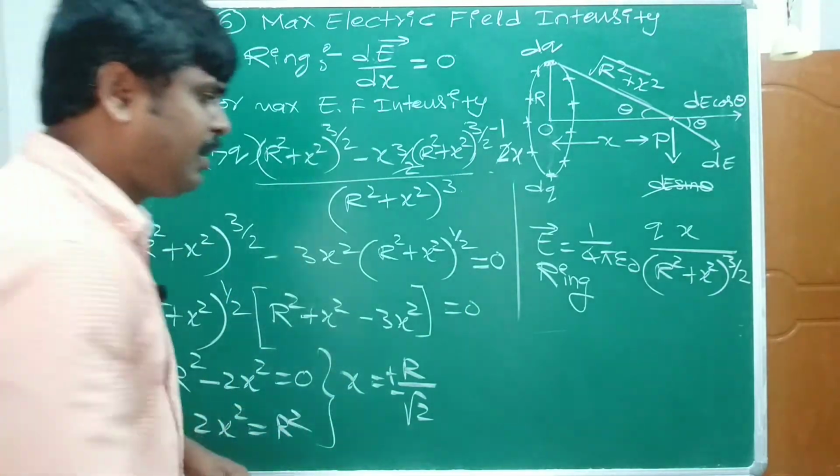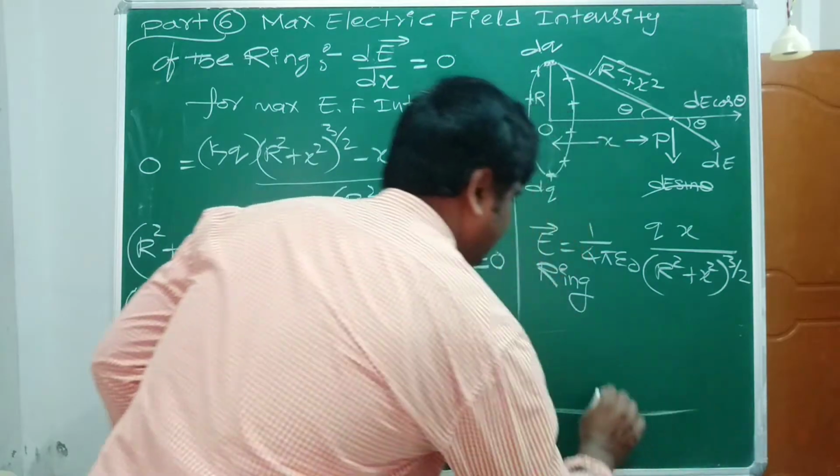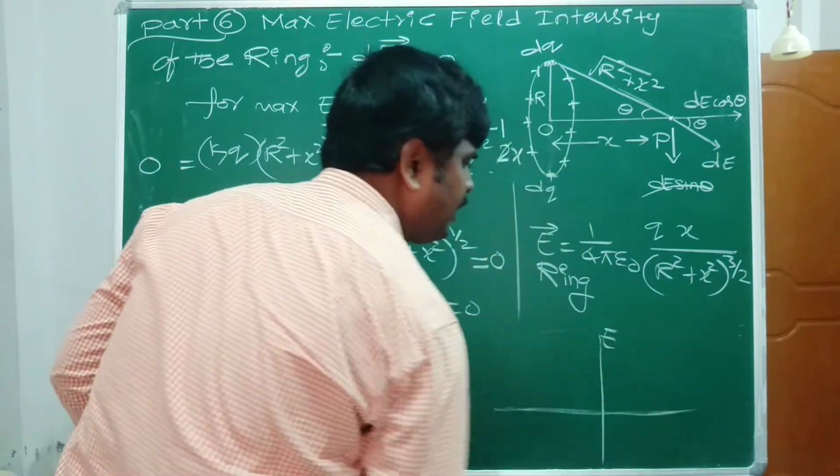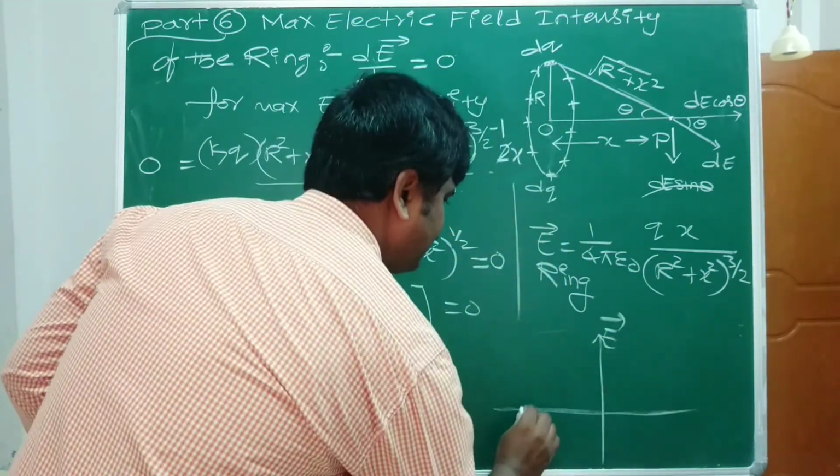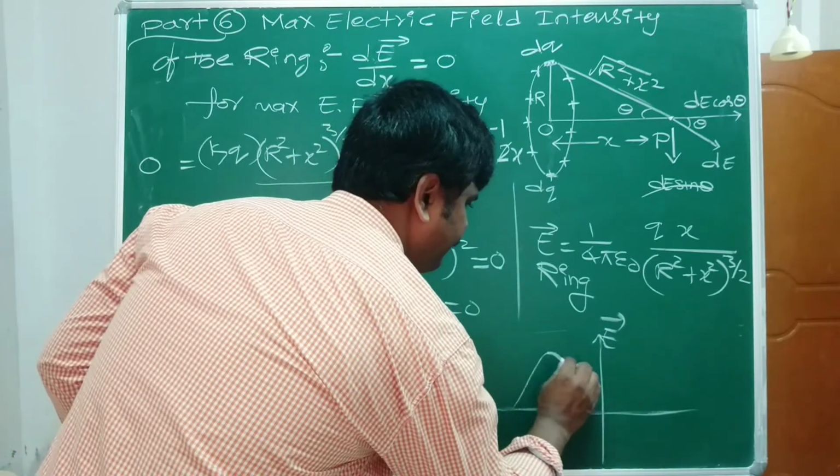We got this, so we can draw the graph like this. This is the electric field on the y-axis, and the graph is like this.